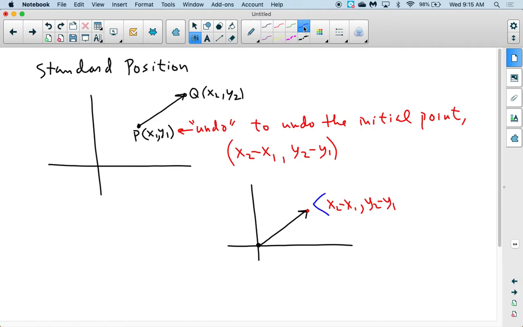Whenever you see this notation, it means that the coordinates are the coordinates of the terminal point of a vector in standard position. We call this form component form.